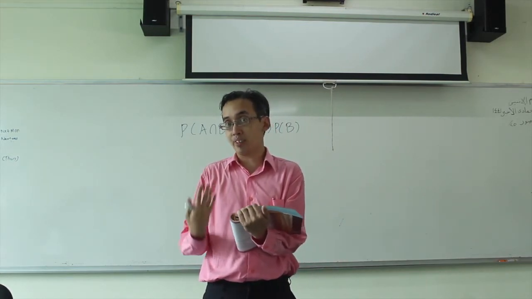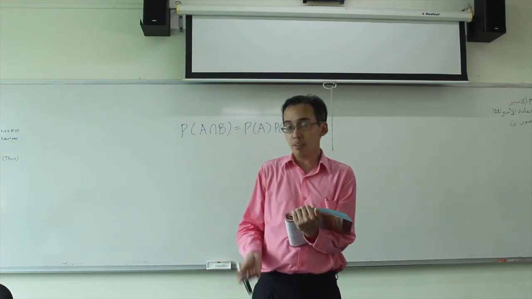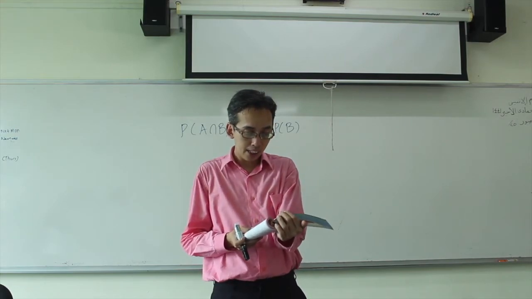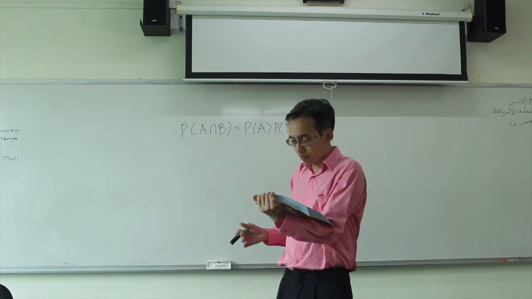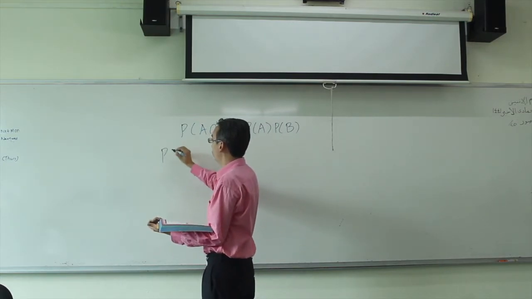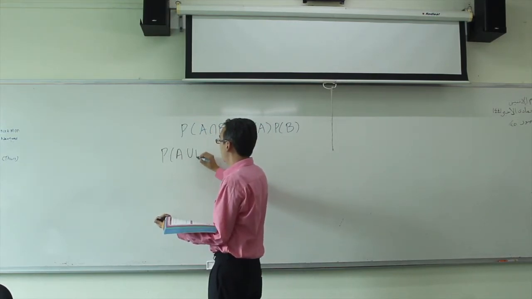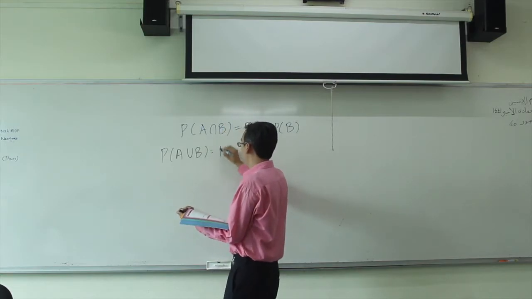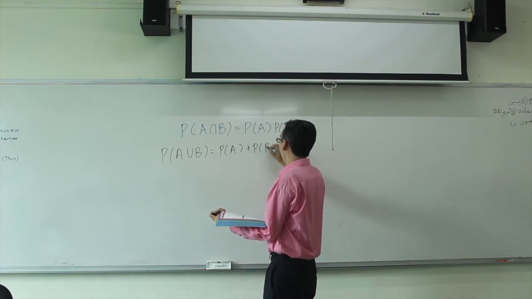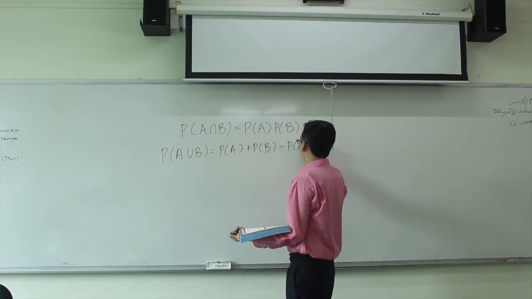In the previous example, you were supposed to find out whether it's independent or not, but for this example, you're given that it's an independent event. So we make use of the previously learned formula: probability of A union B is equal to probability of A plus probability of B minus probability of A intersect B.